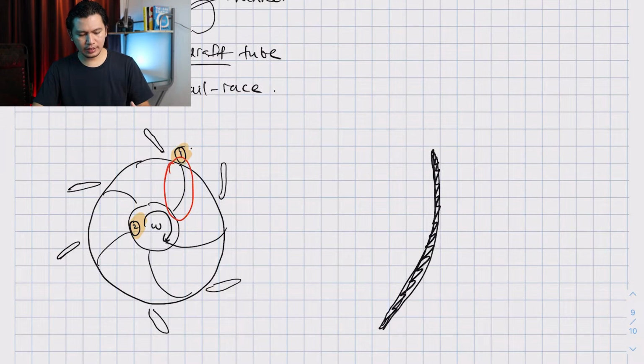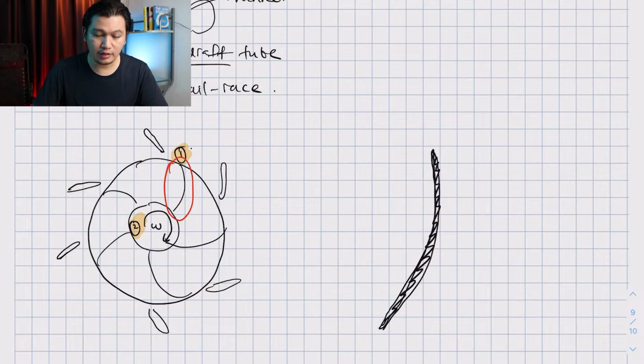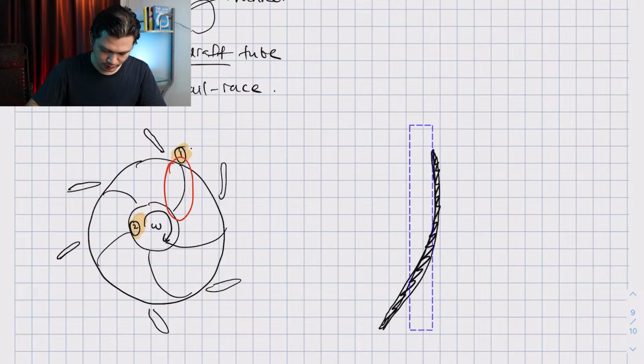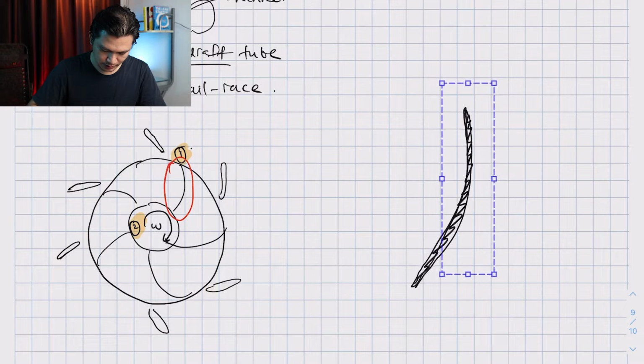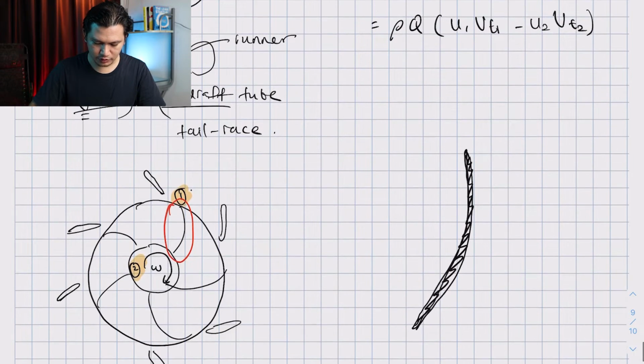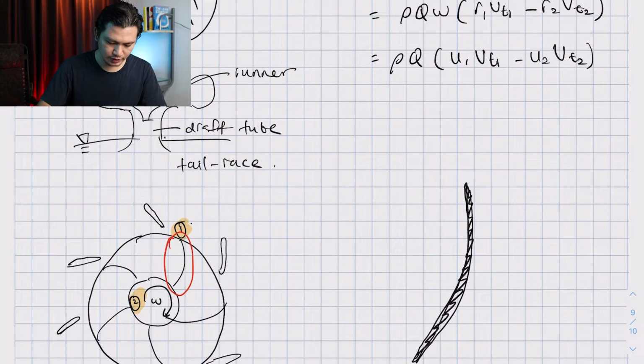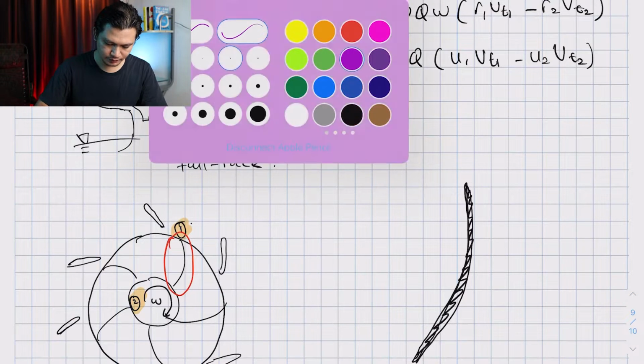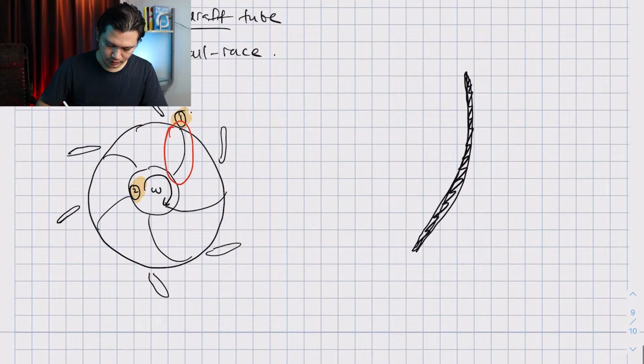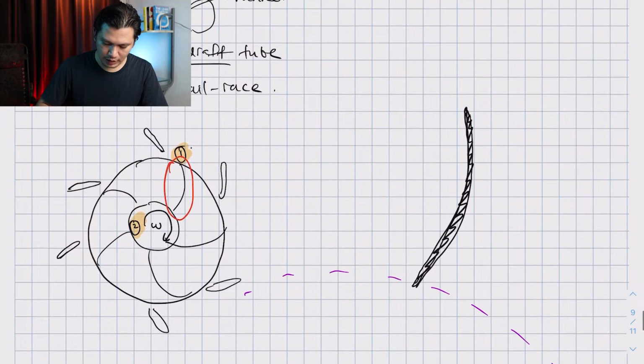Now let's take a look at what the velocity triangle may look like. I'm going to move this a little bit upward so we can draw it more clearly. This is going to be your outlet, and this is going to be your inlet, right? And the blade is rotating in this direction.